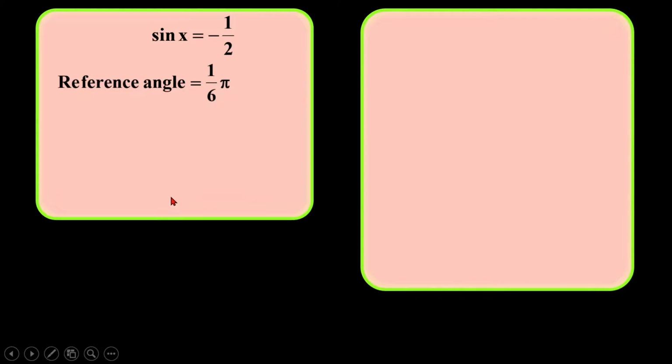Now I'm going to jump over to the values. So my angle will be here. This time I need my sine in negative. So sine negative, I will have quadrant 3 and quadrant 4.